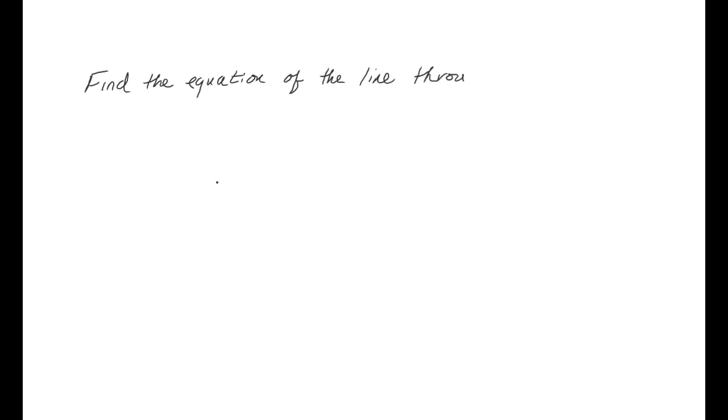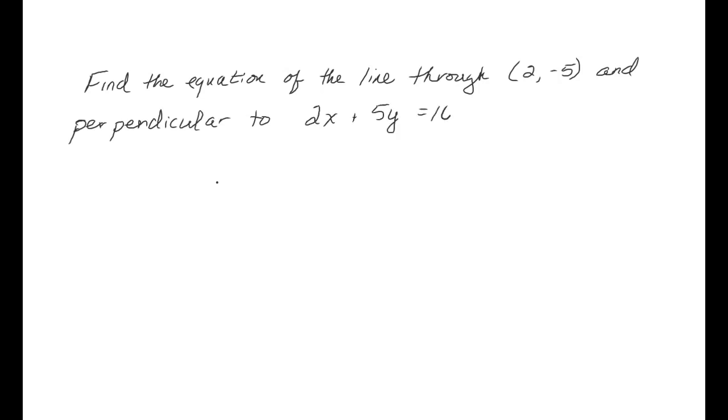Find the equation of the line through the point like 2, -5, and perpendicular to, let's do something like 2x plus 5y equals 10.